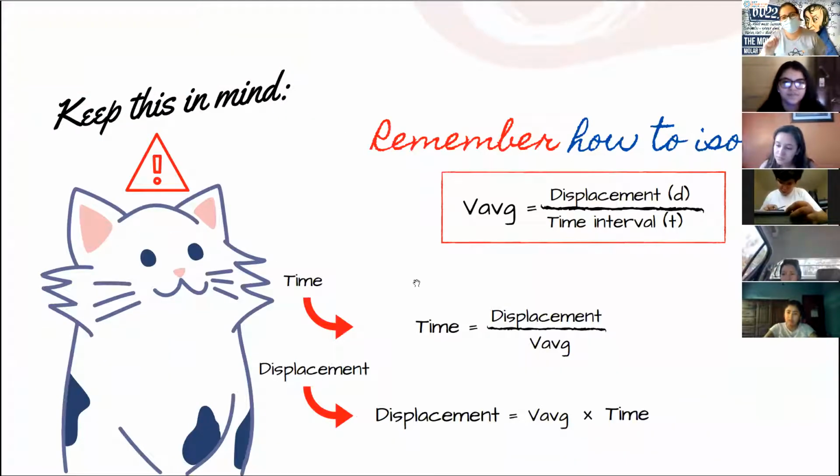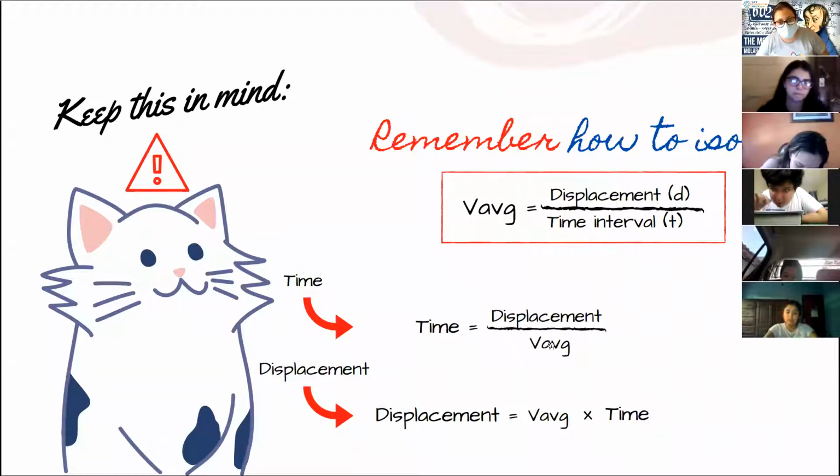Now, remember how to isolate. The formula for average velocity is displacement per time. Displacement, which is delta x or d, and the time interval that is just a t. If you want to isolate for the time, the formula that you have to use is displacement divided by the average velocity.